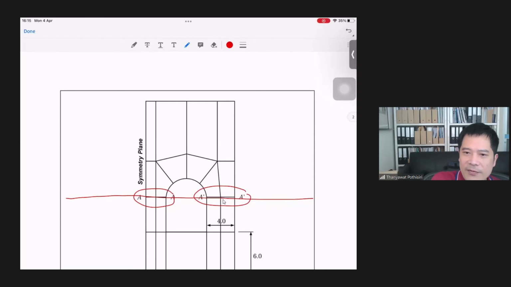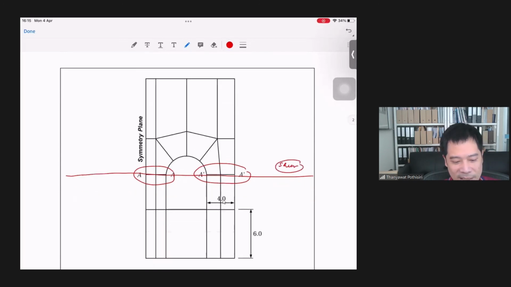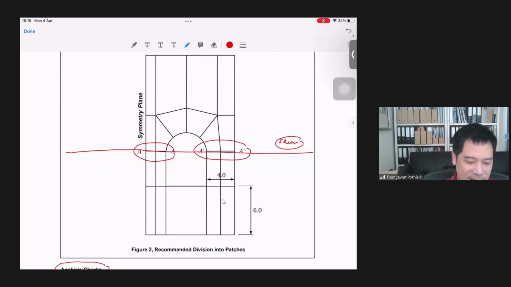If you want to check if your analysis results are correct or not, you cut through this structure along this plane right here. One thing you can take a look at is, for example, shear.